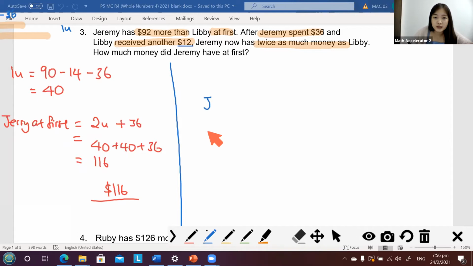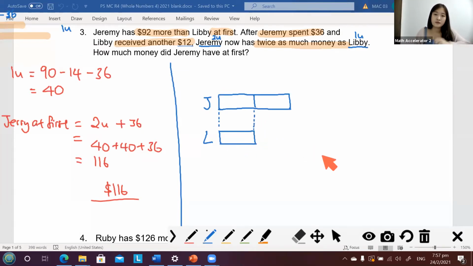So Jeremy and Libby will start from the back, which is twice as much as Libby here. So annotate twice as much means 2 units and 1 unit. So draw it in. 2 and 1. You can continue on if you know what to do next.